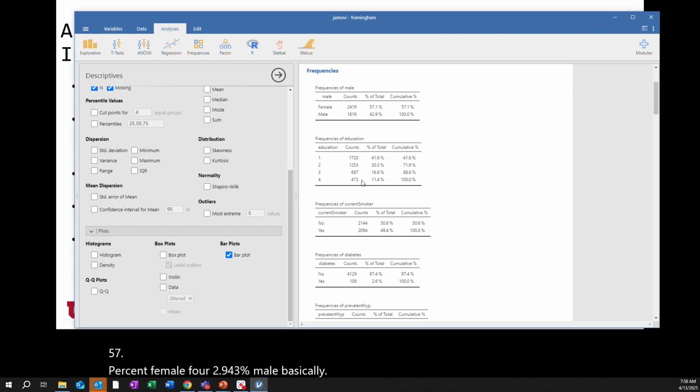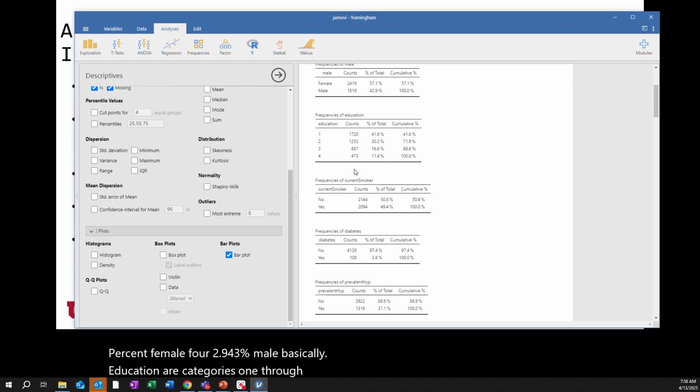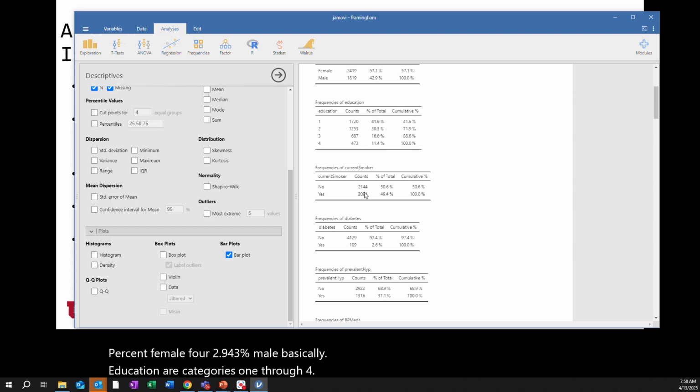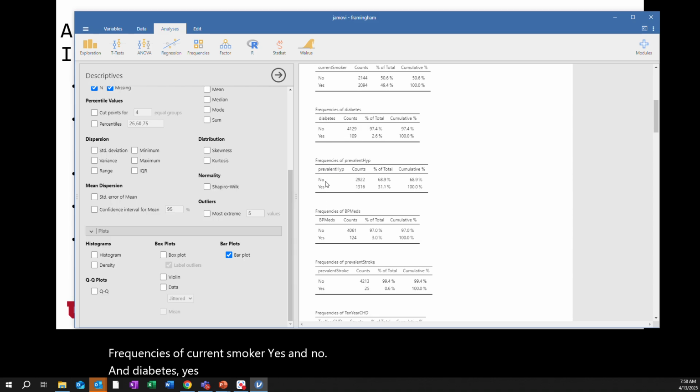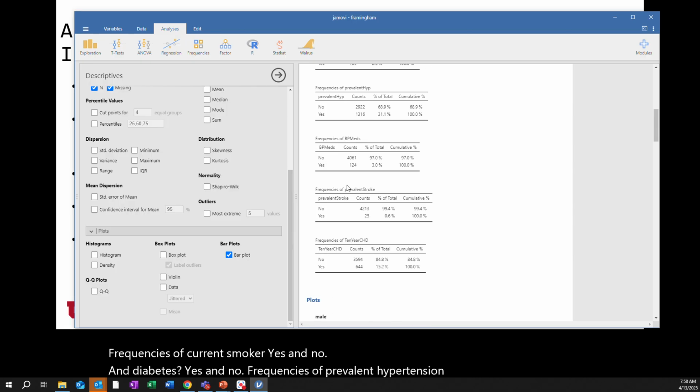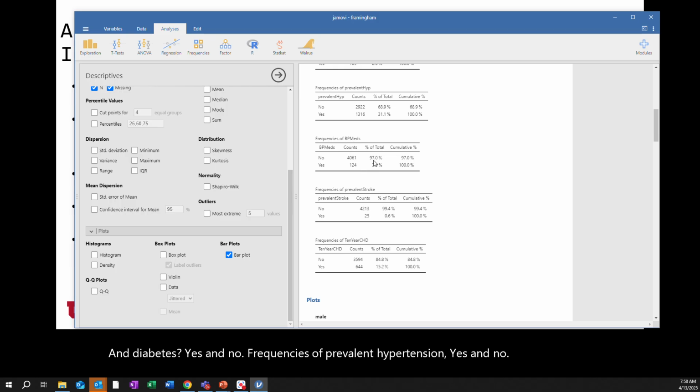Education, our categories 1 through 4. Frequencies of current smoker, yes and no. And diabetes, yes and no. Frequencies of prevalent hypertension, yes and no. Blood pressure meds, 97% no, 3% yes.